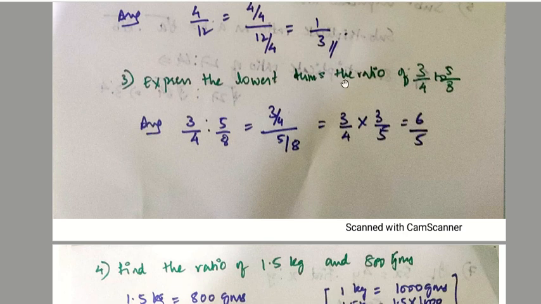When division comes up, the numerator becomes a denominator and the denominator becomes the numerator, so division can be changed into multiplication. So it is 8 by 5, not 3 by 5. So 4 ones are 4, 4 twos are 8, 3 twos are 6, and 5. 6 by 5 is your ratio. So next question.